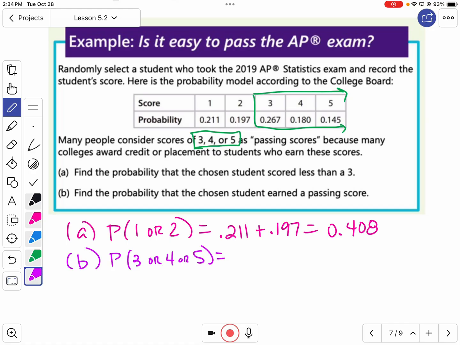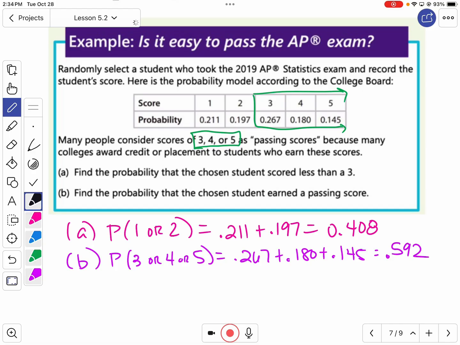So we could add those three scores together, 0.267 plus 0.18 plus 0.145, and that would give me 0.592. That's probably how I would do that problem. I know to pass, I got to make a 3, 4, or 5, so I'd add up what I needed to pass. Now, I want to show you, I could have done this one with the complement rule after that first question.